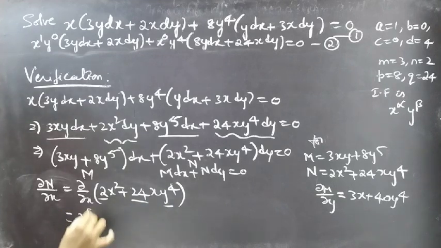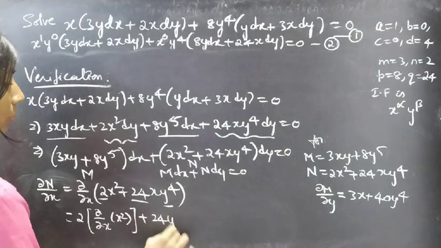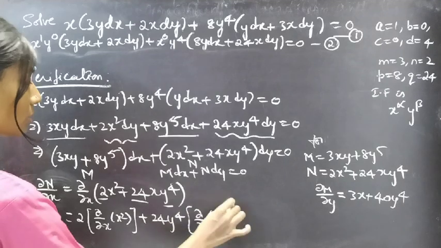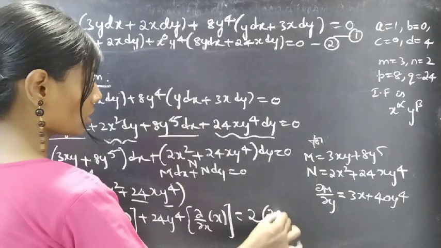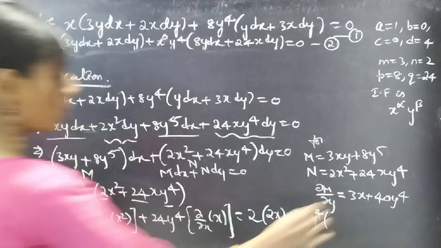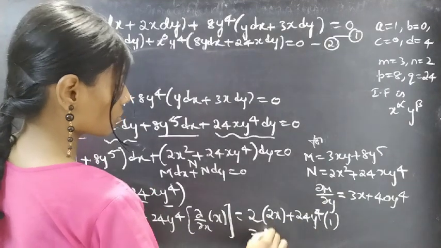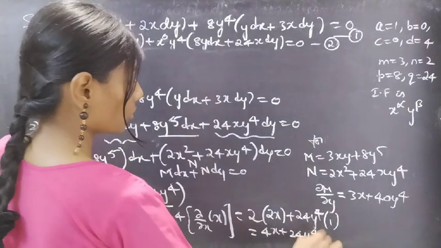So we can write this as 2 into partial derivative of x square with respect to x plus 24y power 4 into partial derivative of x with respect to x, which gives us 2 into 2x plus 24y power 4 into 1, which gives us 4x plus 24y power 4.